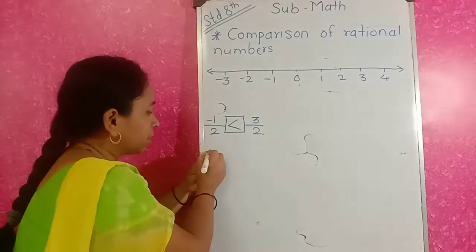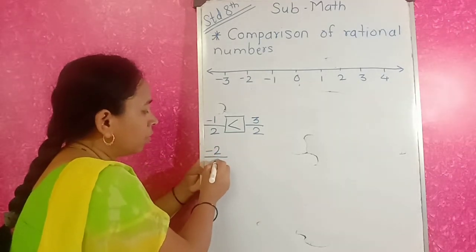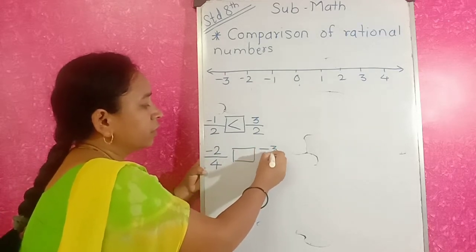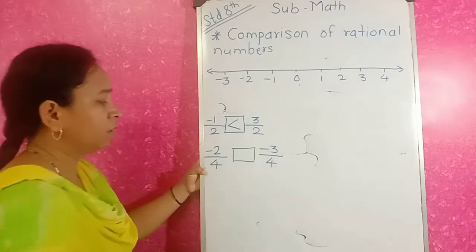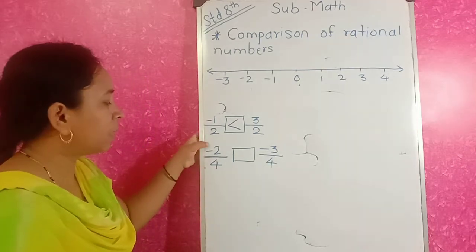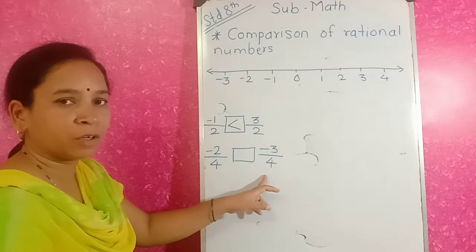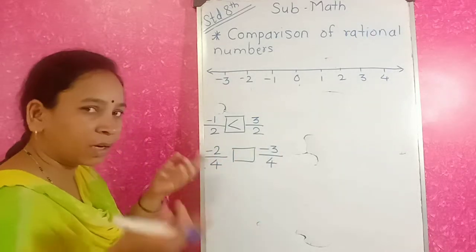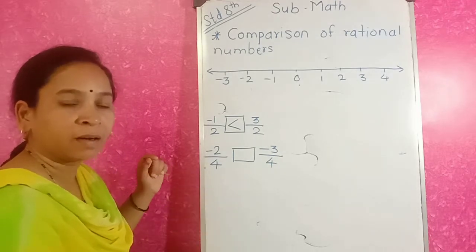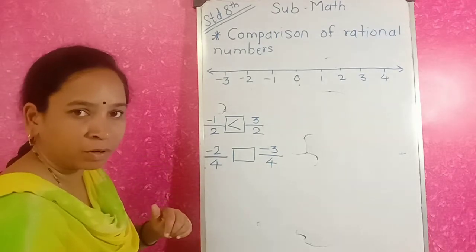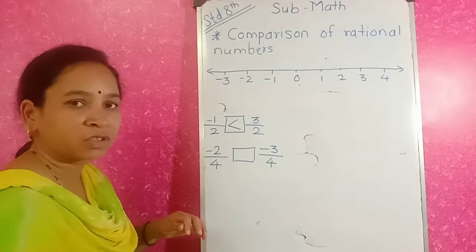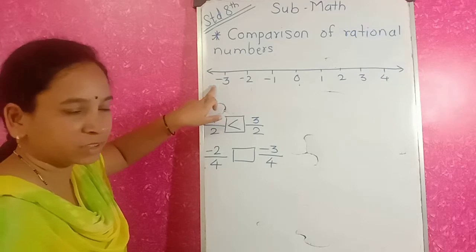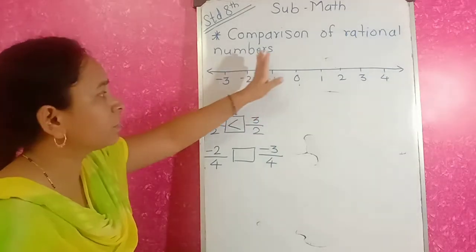Now we'll see the next example: -2 upon 4 and -3 upon 4. Denominators are the same, so compare the numerators, -2 and -3. Again think of the number line: -2 lies here and -3 lies on the left side, and -2 is on the right.